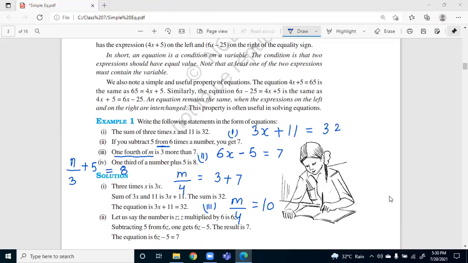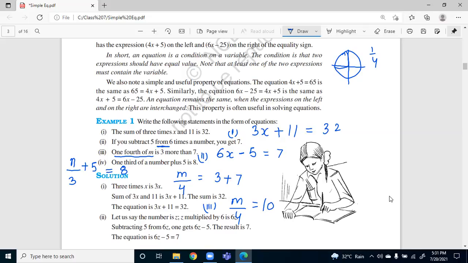1/4 of m. So 1/4 means if I take an apple and make 4 equal parts, then one part is called 1/4. Do you agree with this, Rakshita? Yes, ma'am. So 1/4 of m means if m is whole and I want to make it in 4 equal parts, then it should be m upon 4.